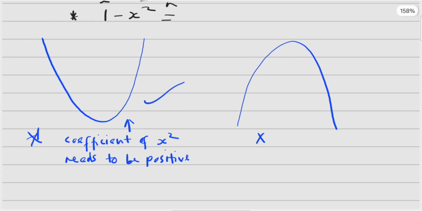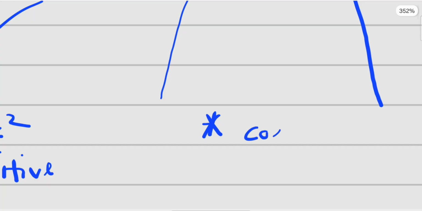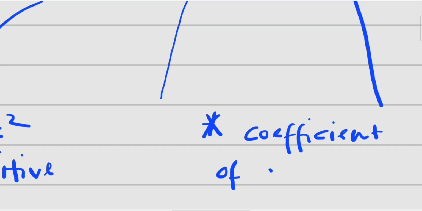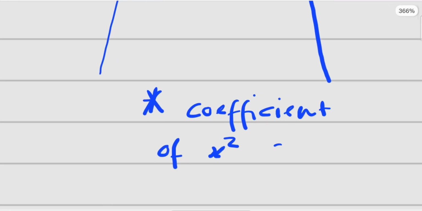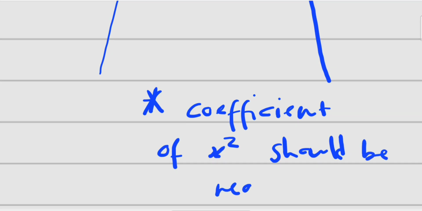And obviously for this one, the coefficient of x squared should be negative, right?